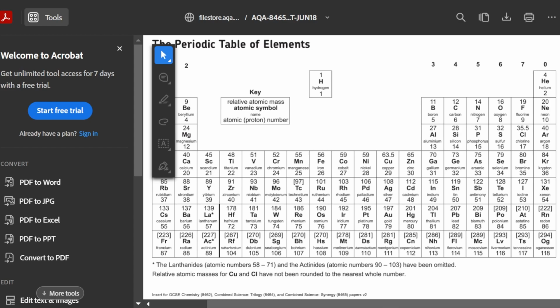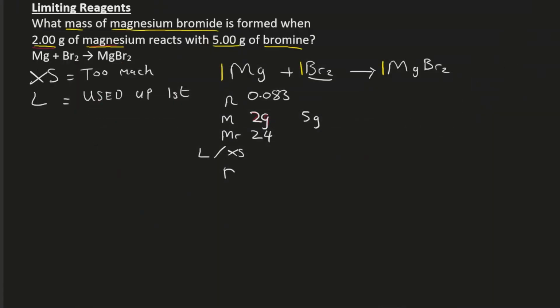So they might use 2 decimal places or 1 decimal place, so just be mindful. Some of them have the MRs at the top, some of them have the MRs at the bottom, i.e. the atomic mass at the bottom or the atomic mass at the top. So just be mindful of that when you do this type of question. But yeah, back to this.